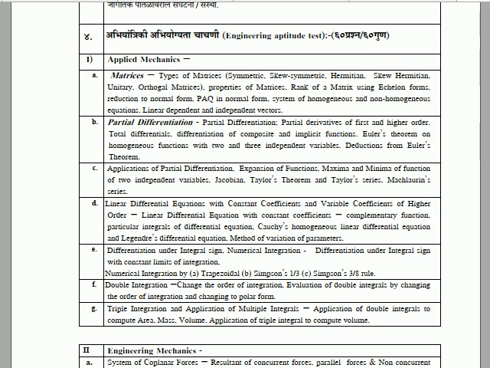In matrices, the questions come on rank, type of matrix, PAQ form, normal form.